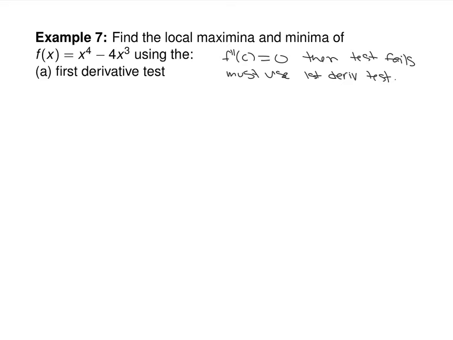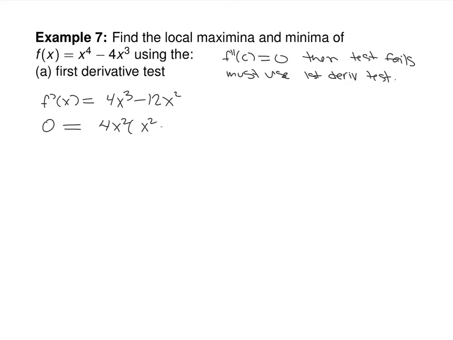Okay, so if we're going to use the first derivative test, first find the first derivative, which is what? Set it equal to 0. Take out a 4x. Take out a 4x squared even, right?